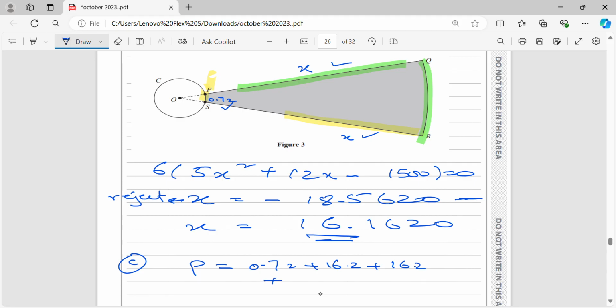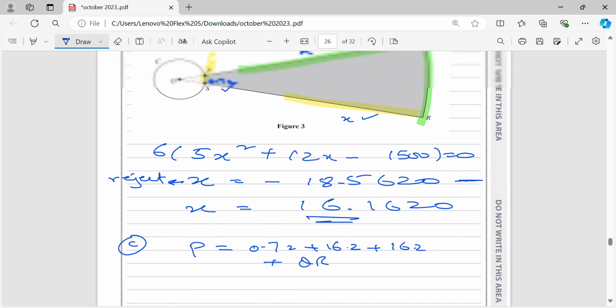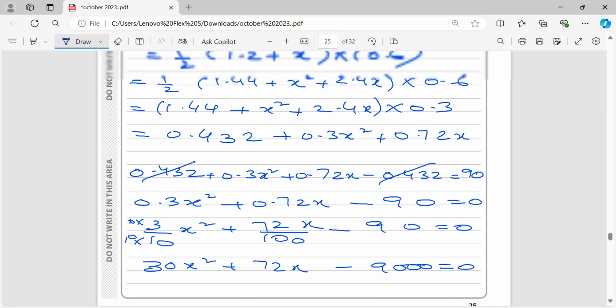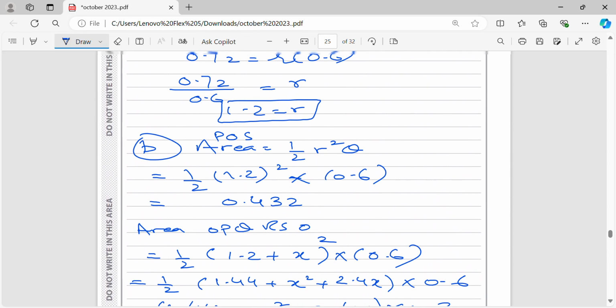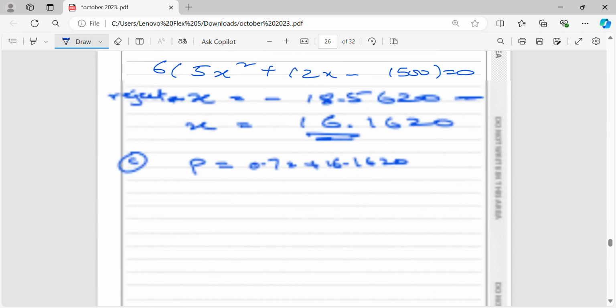QR is the arc length. So let's find the arc length QR. L equals r theta. R here is the full length, which is 1.2 plus x.